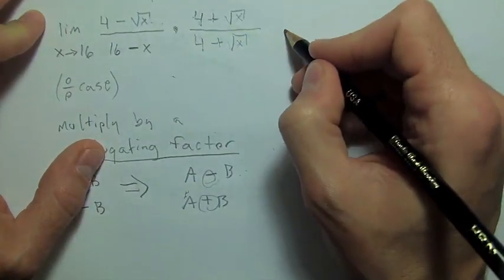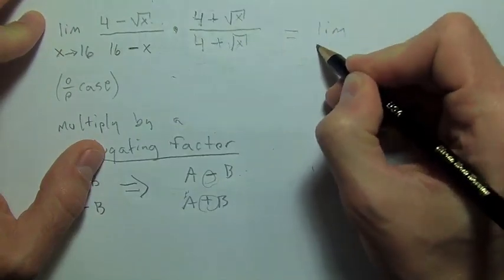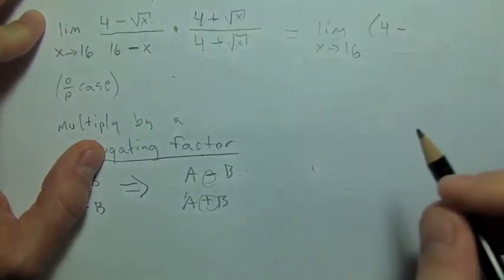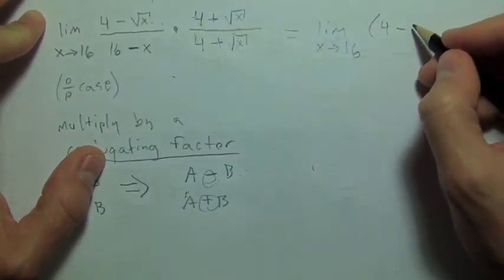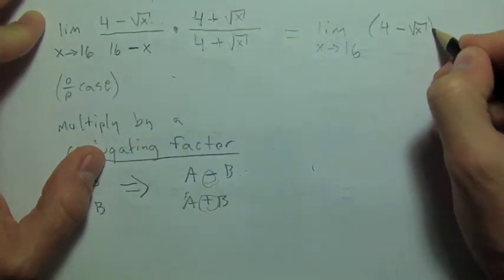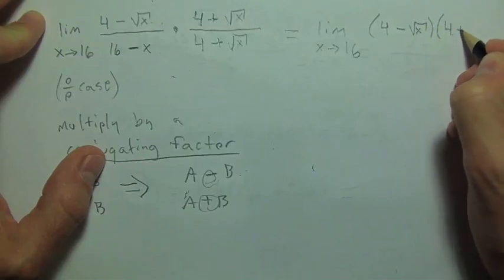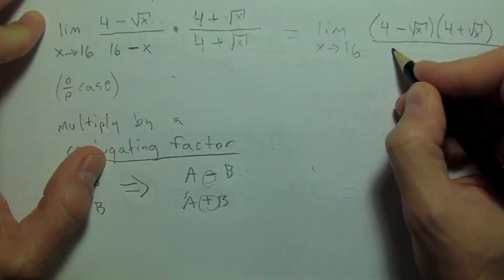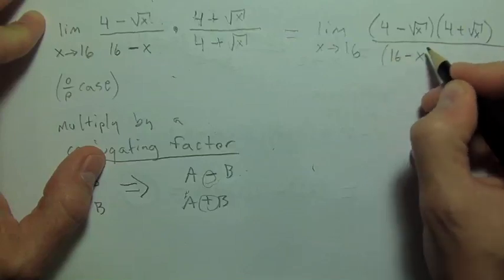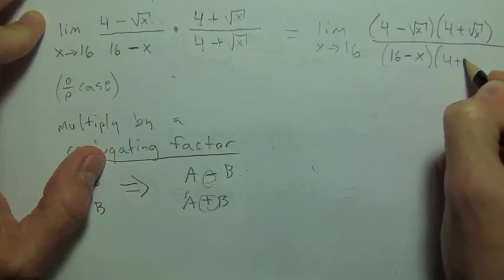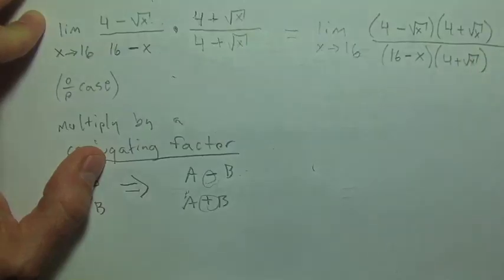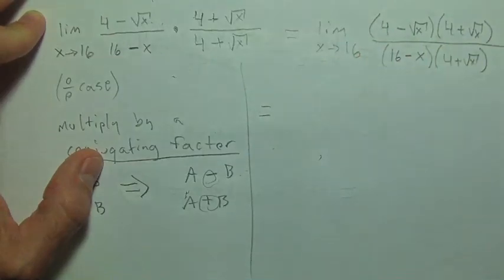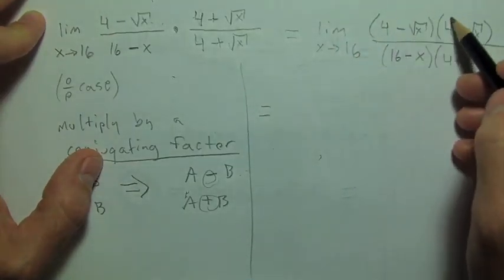Right. And so what we actually get is the limit as x goes to 16, 4 minus the square root of x times 4 plus the square root of x, all over 16 minus x, all over 4 plus the square root of x. Okay, we're going to FOIL this out, right?